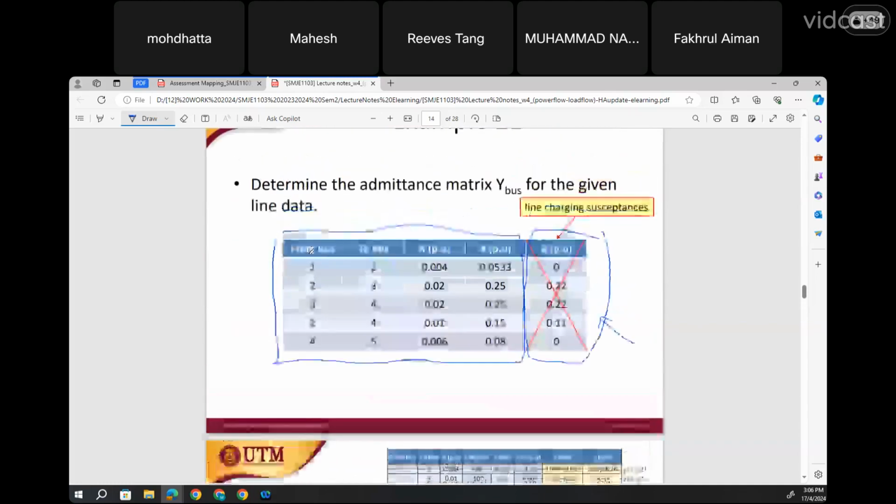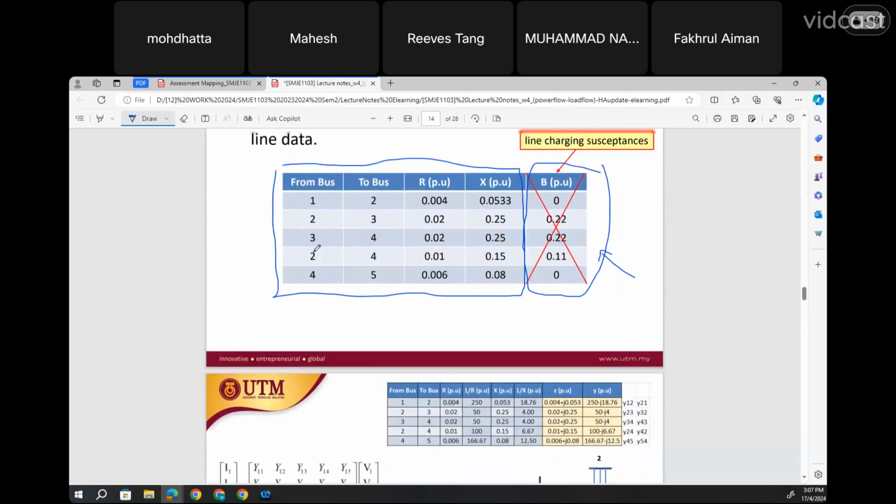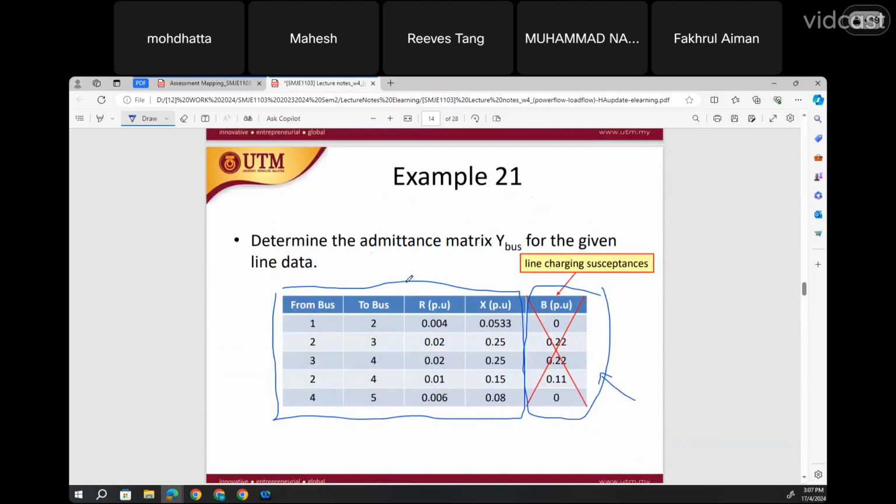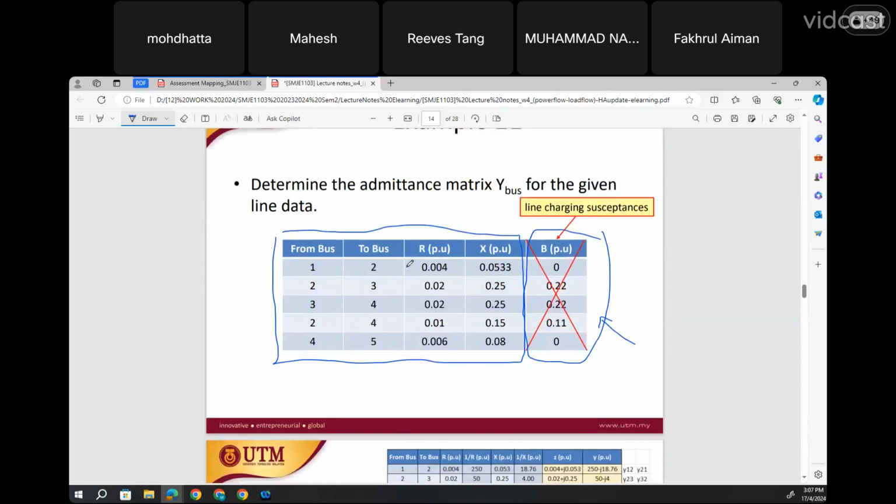If we try to answer this question, what you need to consider is you need to come up with the admittance value. The information given in this table is the connection bus to bus, and also the impedance, which is R and also X. X over here normally refers to the value of XL.